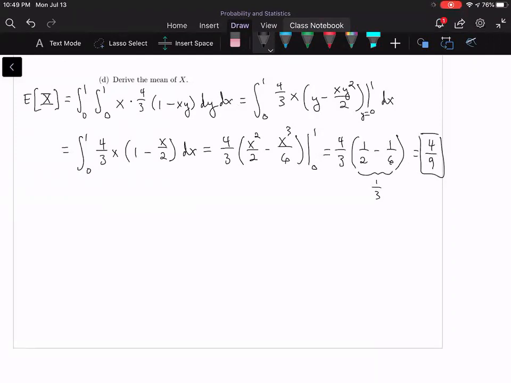So this concludes the introduction to this bivariate handout. We're about to move on to conditional distributions, conditional probability, conditional expectation, so everything conditional. Before we do that, any questions on this handout?